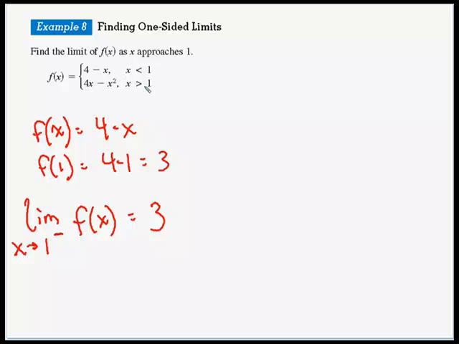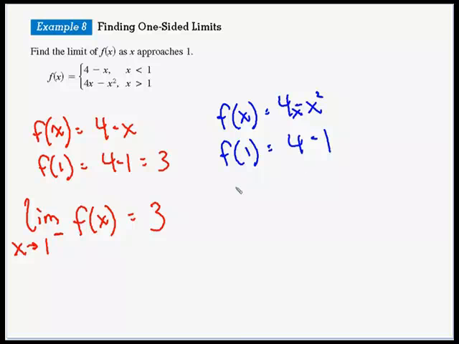Now let's check the other chunk for numbers greater than 1. So here, our piece of the function is 4x minus x squared. And we plug in a 1. f of 1 is 4 times 1, which is 4, minus 1 squared, which is 1. So here, f of 1 is also equal to 3.